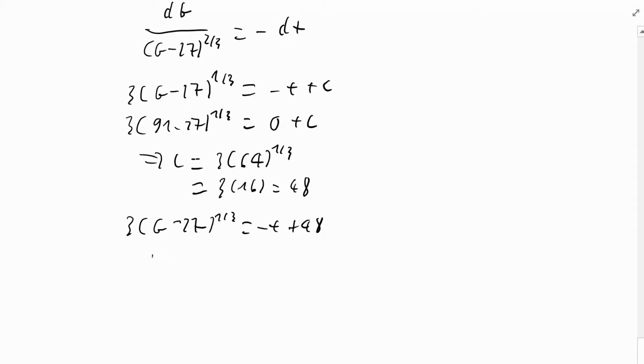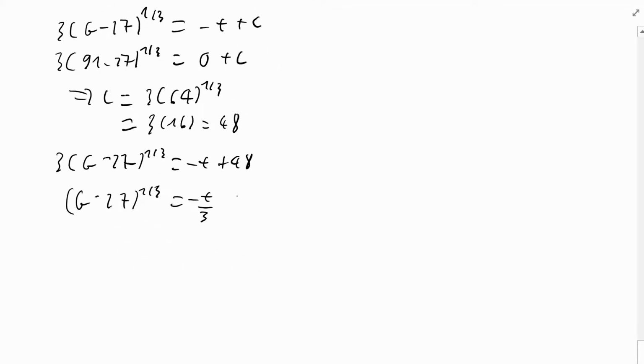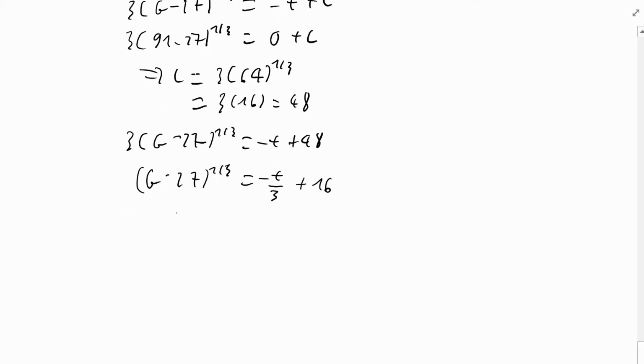So g minus 27 to the 1/3 equals negative t over 3 plus 16. You cube the right side, so negative t over 3 plus 16, cubed.